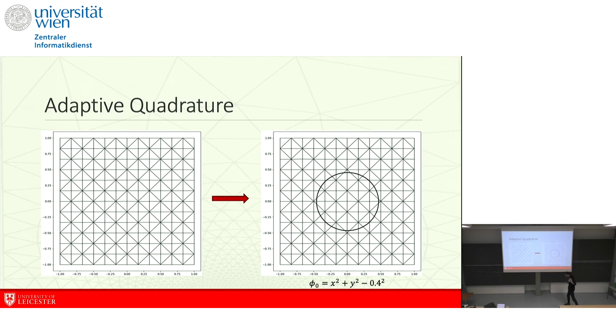So the first method that we came up with was a sort of naive approach of adaptive quadrature. So if we have our base mesh here, and we start with our initial level set here, which is simply x squared plus y squared minus 0.4, we have the circle of radius 0.4.